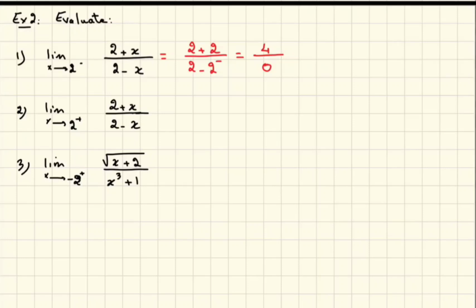Now, when we say 4 over 0, later on you're gonna see that whenever you divide a constant number by 0, the answer is gonna be infinity, either plus or minus infinity, and this will give us asymptotes. Okay, now 4 over 0, is it 0 plus or 0 minus? 2 minus, I need to know what it is.